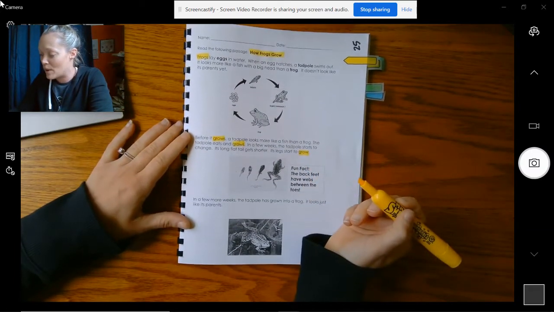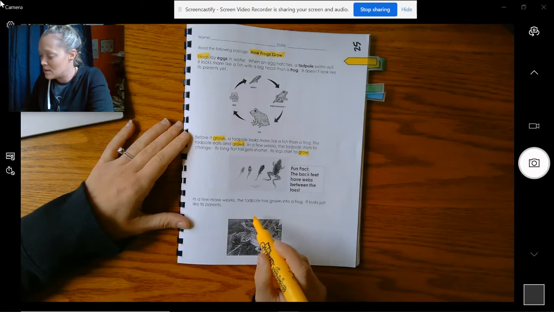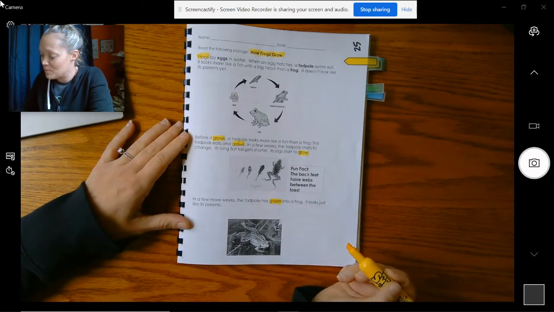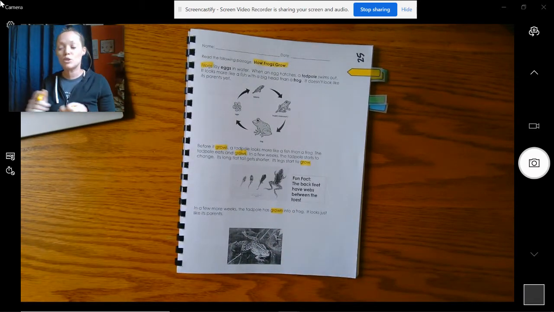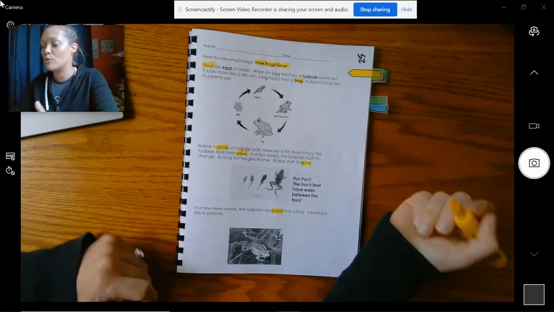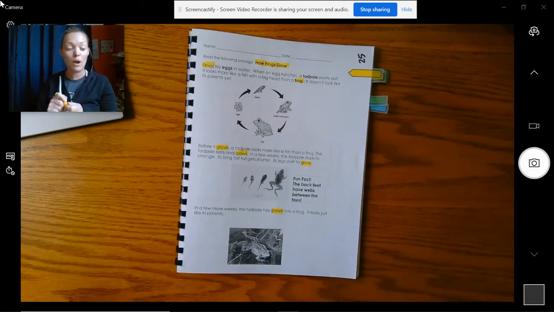Grow, I saw that quite a few times. Grown. Okay, so those were some clues that this was about frogs and how frogs grow.